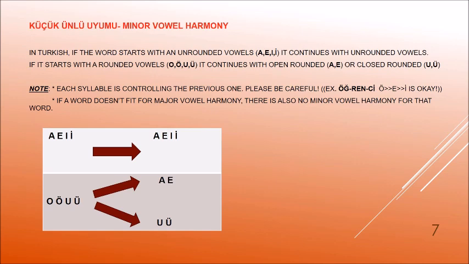So please be careful. Such as öğrenci, I put there as an example word. Öğrenci. Ö, e, i. They can fit for minor vowel harmony, as we see. Our second important point is if a word doesn't fit major vowel harmony, automatically we can say there is also no minor vowel harmony for that word.